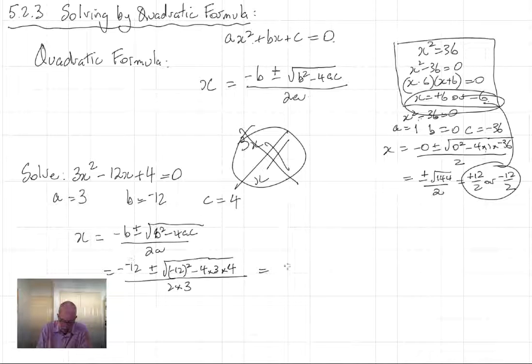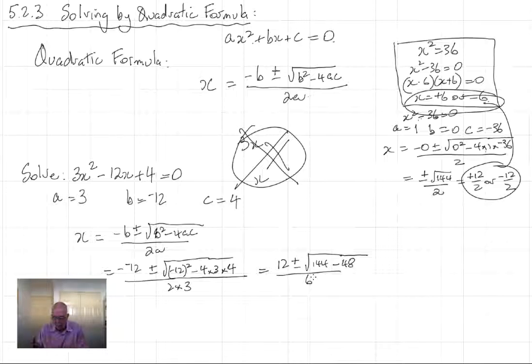So minus 12 is plus 12, plus or minus square root of negative 12 squared, which is 144, minus 4 times 3 times 4, which is 48, all over 2 times 3, which is 6. Okay, so what do we end up with?